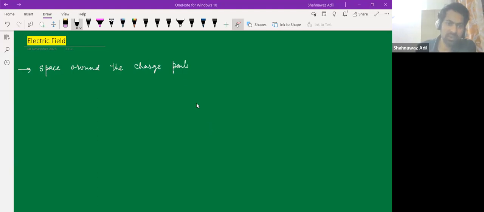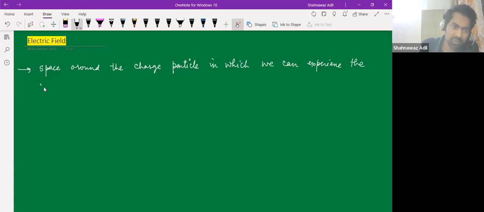Okay. So the space around the charged particle in which we can experience the Coulomb force, right? Right.